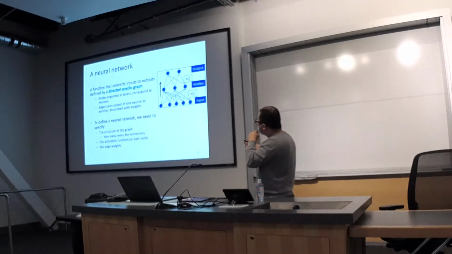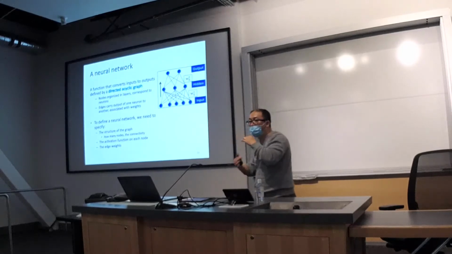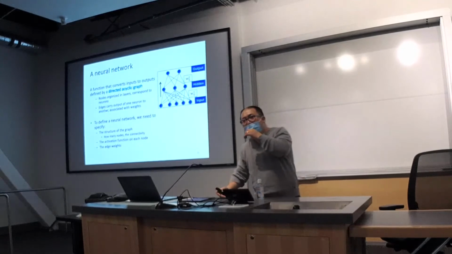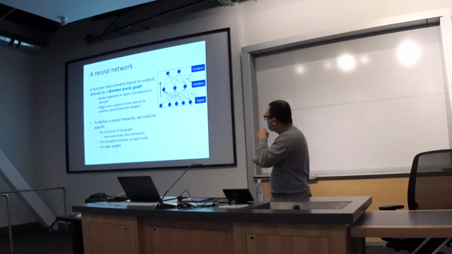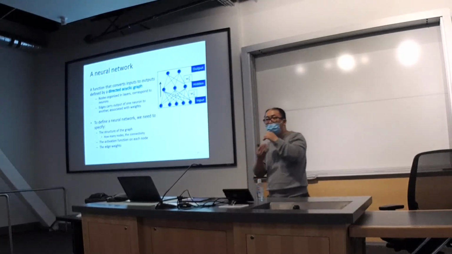If each neuron in the current layer connects to all the neurons in the previous layer, this is called a fully connected network. But of course there are other versions. You can define that this neuron is connected to only these 3 neurons here, and this node is connected to only these 3 and these 3. So it's totally up to you.